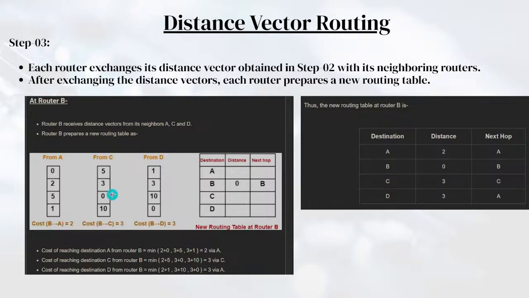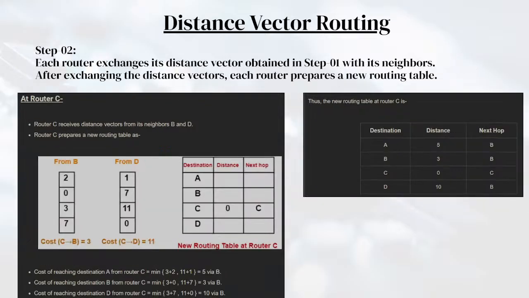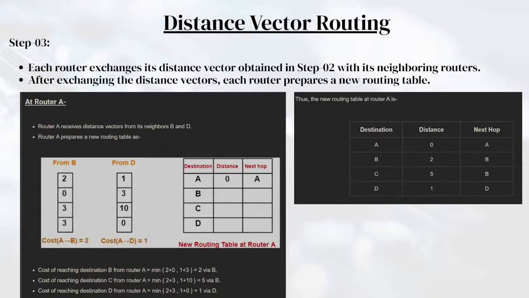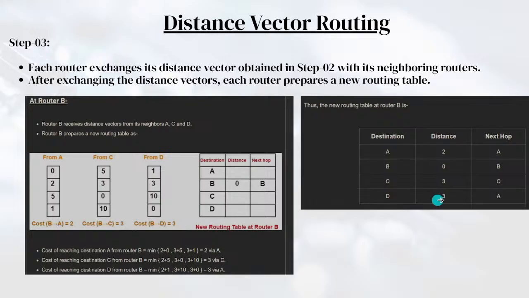From that we are checking the information. So here previously for router B we were getting the information as 2033. So this time when we calculated the same, again we need not change anything, it is the right one.